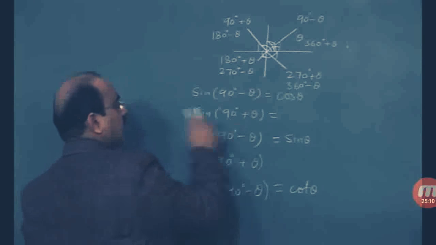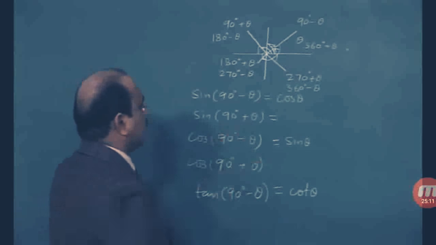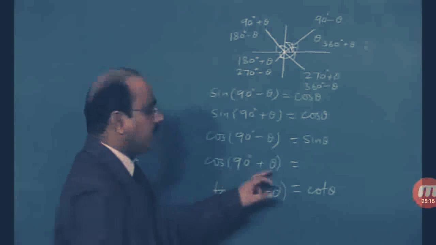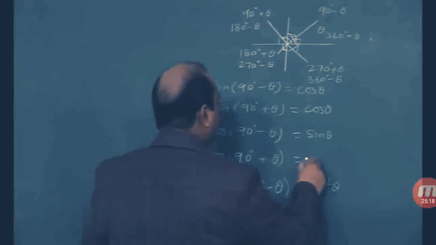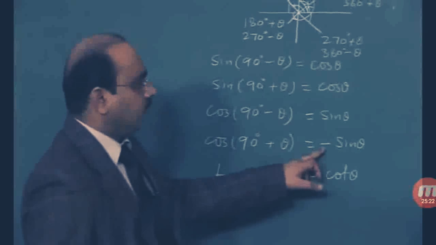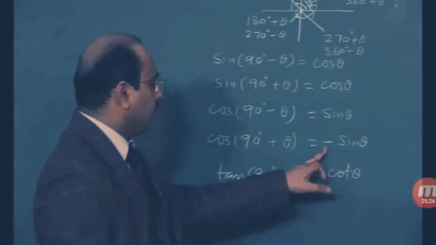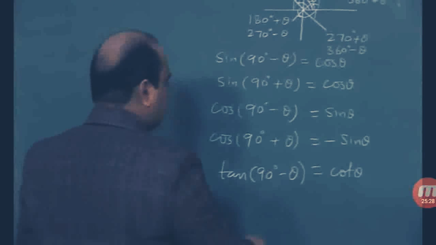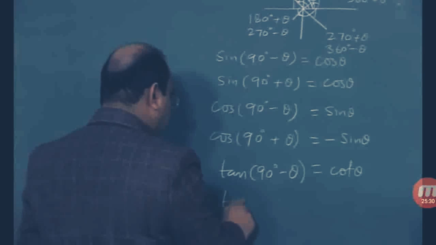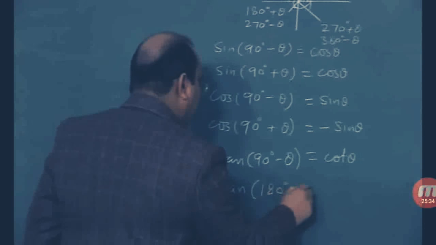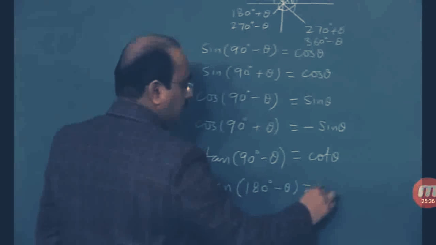For example, in this case, sine 90 plus theta, it comes out to be cos, but in this case, cos 90 plus theta, it comes out to be minus sine. So here we see that there is a difference of this negative sign. Similar are other cases of 180 etc. Suppose I write tan 180 minus theta, it comes out to be minus tan theta.